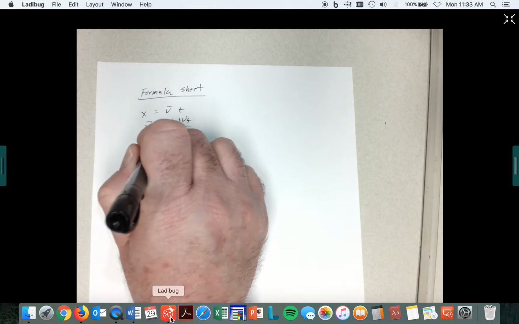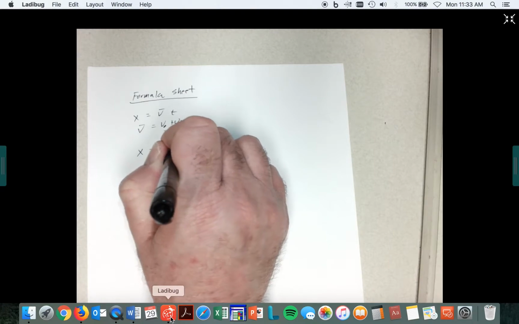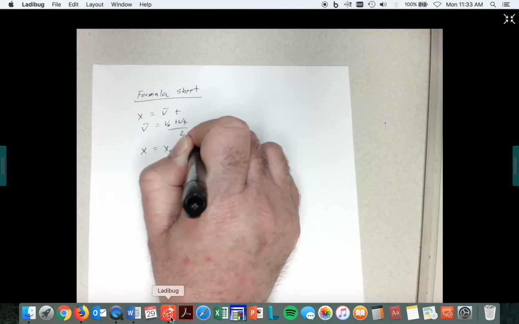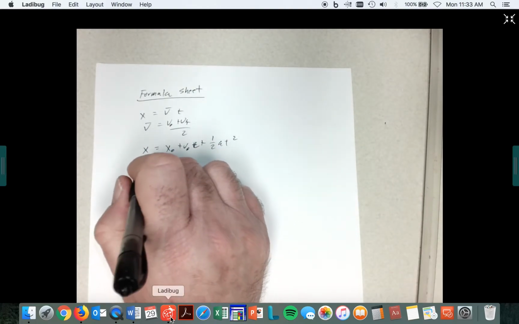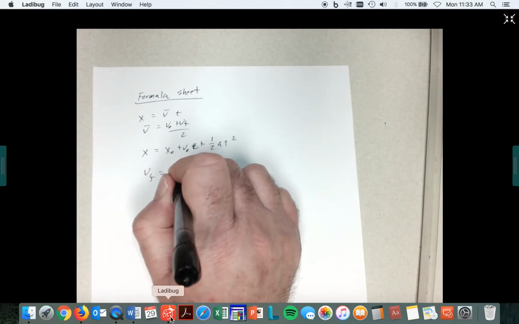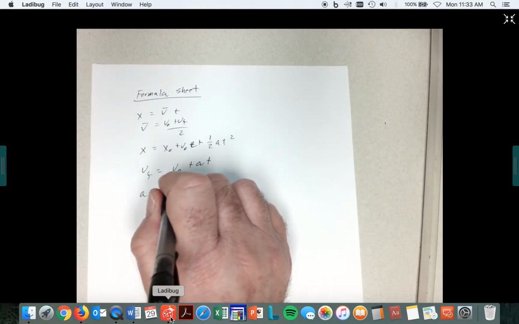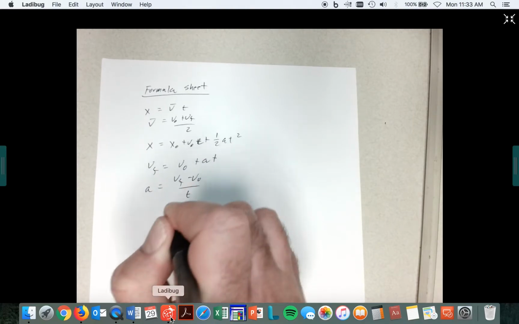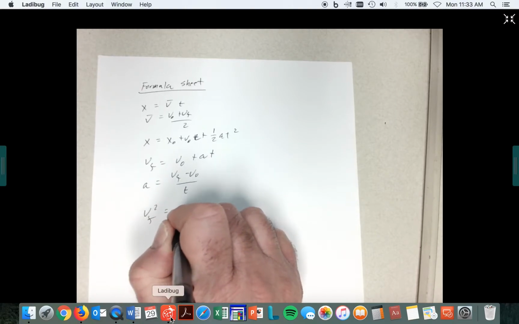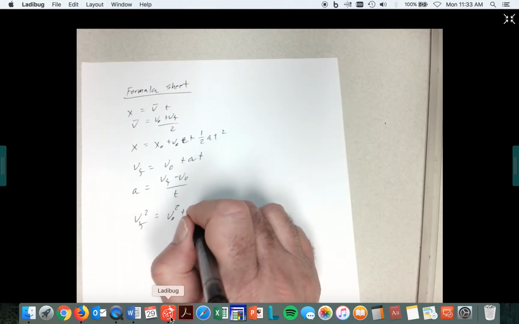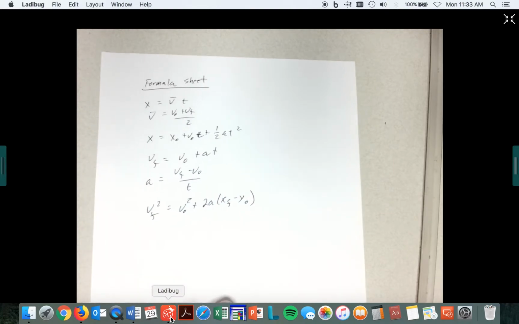And we know that x is also equal to, this is all assuming constant acceleration, x naught plus v naught t plus or minus 1/2 at squared. And we know that v final is equal to v initial plus or minus at. And we know that the acceleration is equal to v final minus v initial over the time. And last but not least, you got v final squared is equal to v naught squared plus 2a times x final minus x initial. And when you're doing free fall problems, you just plug a y in there.